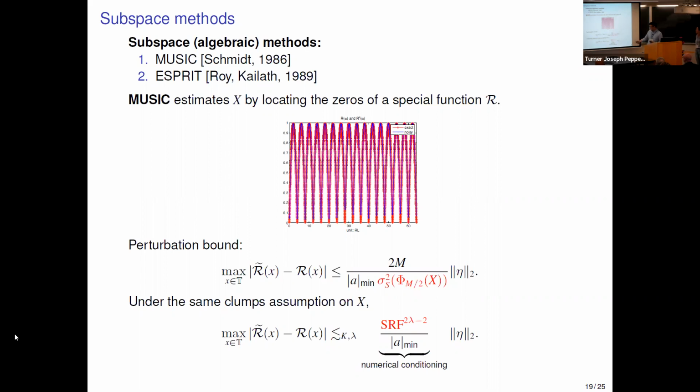Under the clumps assumption, we can write this in terms of the super resolution factor. So we end up with this expression here, and you can think of it as the numerical conditioning of this algorithm. Importantly, the numerical conditioning only depends on the super resolution factor to the power lambda, as opposed to S, and lambda can be much smaller than S.